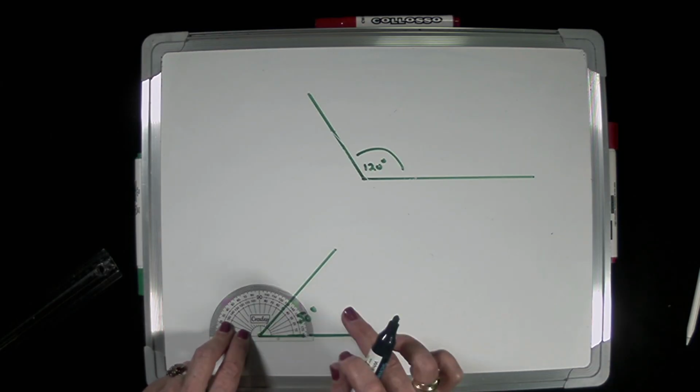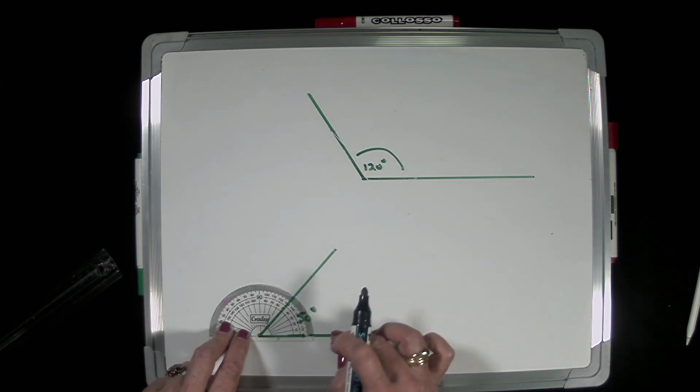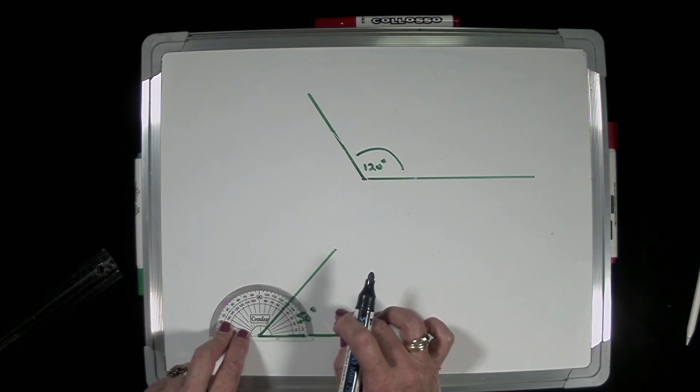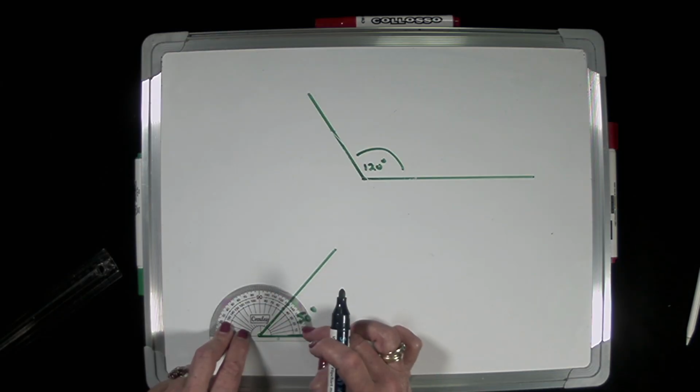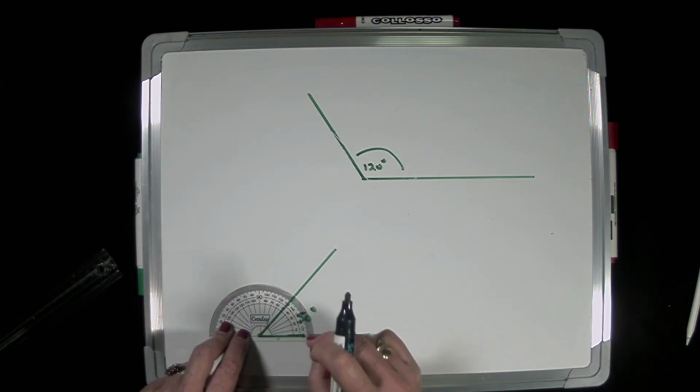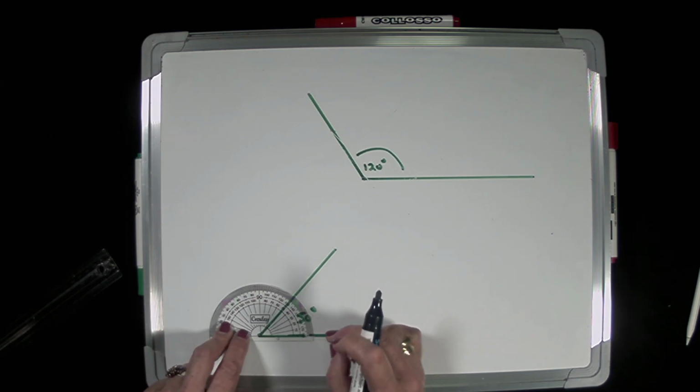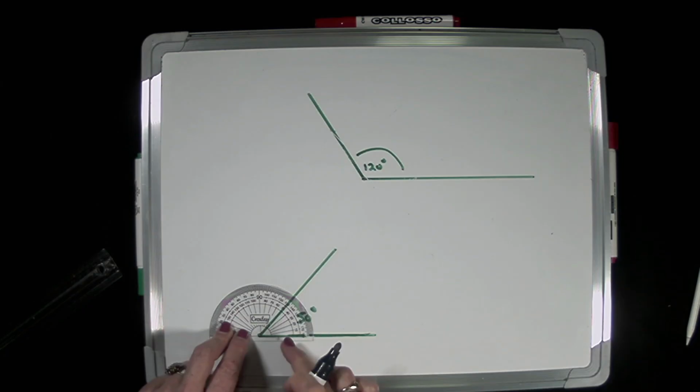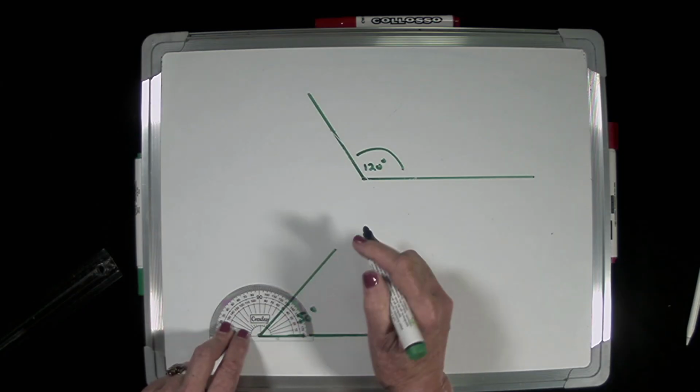So you know that this angle will be less than 90 degrees because it's an acute angle. So on this scale, you're going to read wherever the 0 starts, but you're also going to tell yourself that this angle is smaller than 90 degrees. So you're going to read from the inside then, 0 up to 50.